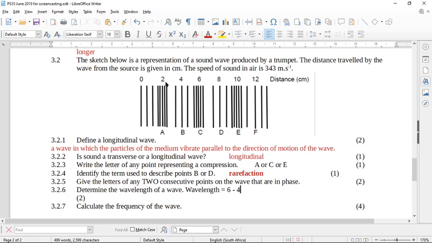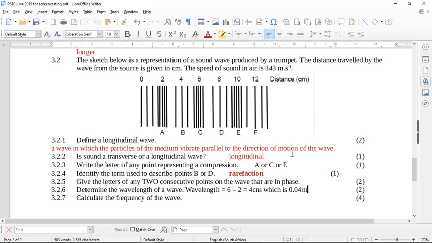So 6 minus 2 is equal to 4. And it has to be in the correct unit. So it is 4 centimeters, which in SI units is 0,04 meters, because we are supposed to use SI units as far as possible. But I do believe they will mark you correct if you put 4 centimeters, but if you didn't have a unit, it will be wrong.